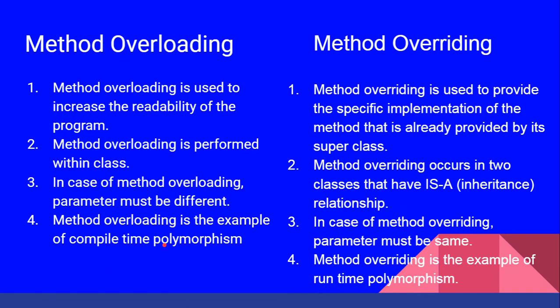Method overloading happens at compile time, that is, when the Java compilation takes place, the overloading is understood by the compiler and the process is done accordingly. But in the case of method overriding, this happens only at runtime, when the program starts executing. That is what is called runtime polymorphism.